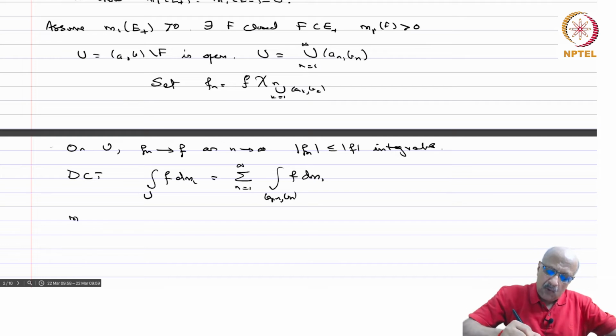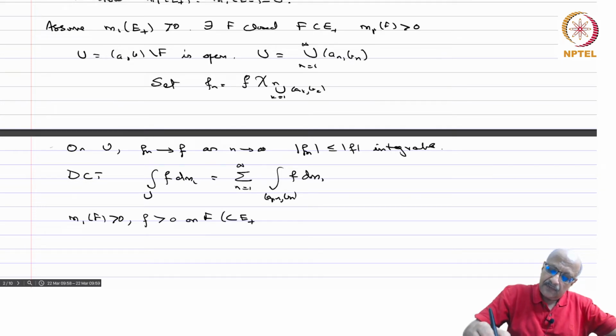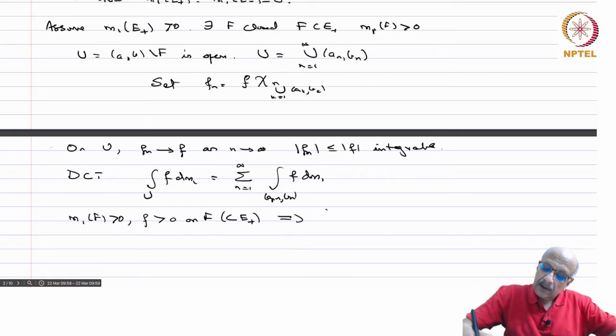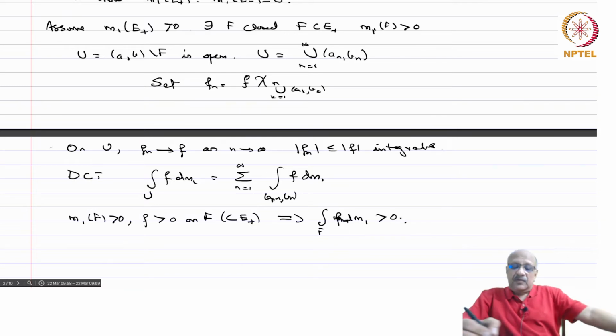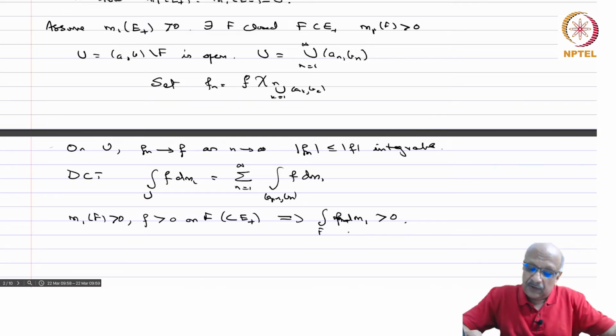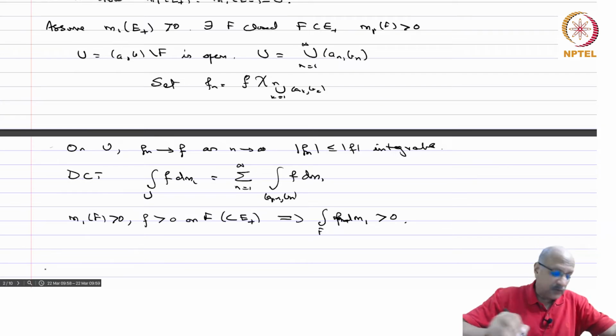So now m1 of F is strictly positive, and f is also strictly positive on F because this is contained in E plus, and therefore you have that the integral on F of f dm1 has to be strictly positive. Otherwise, if the integral of a non-negative function is 0, then the function has to be 0 almost everywhere.